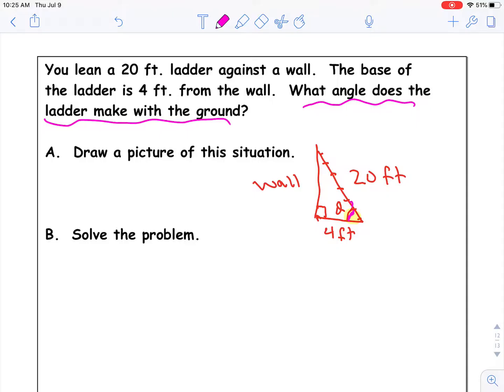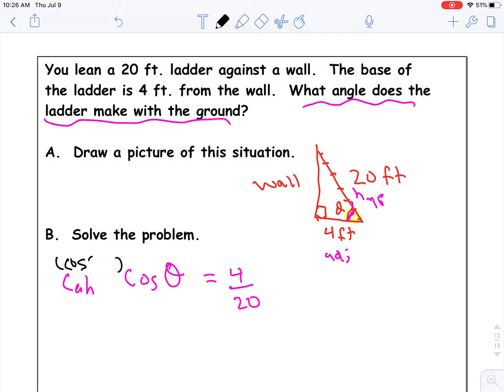What angle does the ladder make with the ground? So I need to find this right here. And what I'm given is this is an adjacent side to that angle, and this is the hypotenuse side. So that is our A and our H. So I'm going to use CAH, and I'm going to say the cosine of whatever angle that is, I know it's equal to the side adjacent over the hypotenuse.